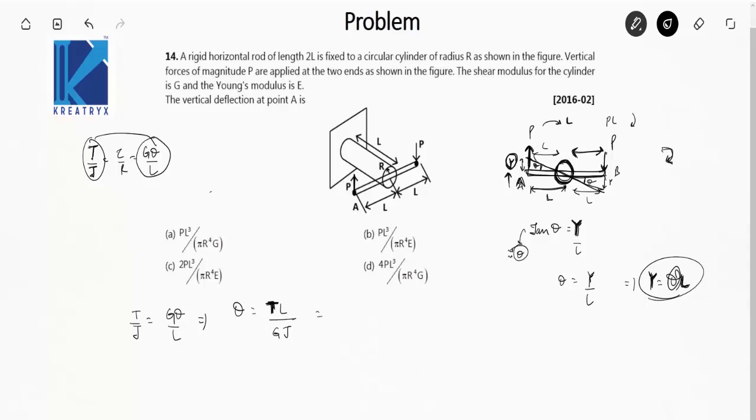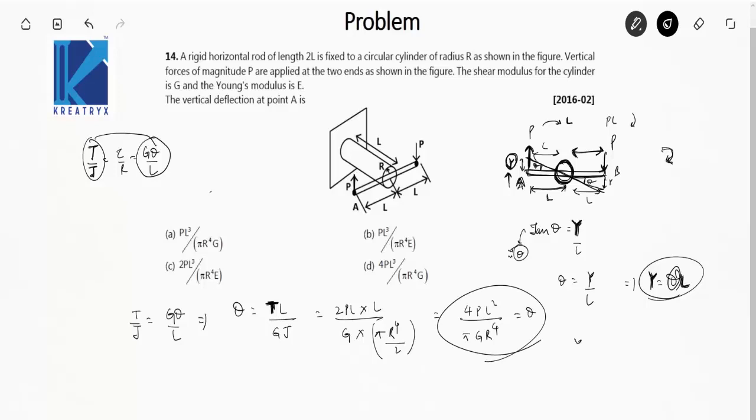So this is 2PL into L upon G into J. J is pi r raised to power 4 by 2. When you solve it, it will be 4PL square by pi G r raised to power 4. So this is theta.